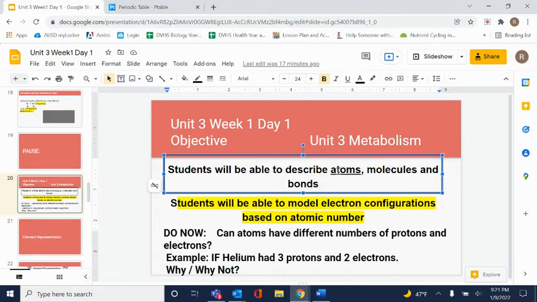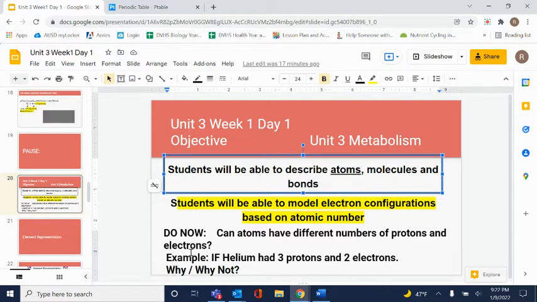Specifically, today's objective is that you'll be able to model electron configurations based on atomic number. You really can't talk about bonds until you get this part down, so that is going to be important.